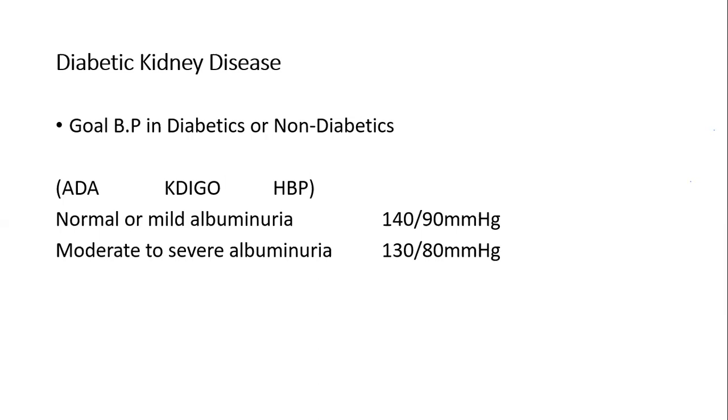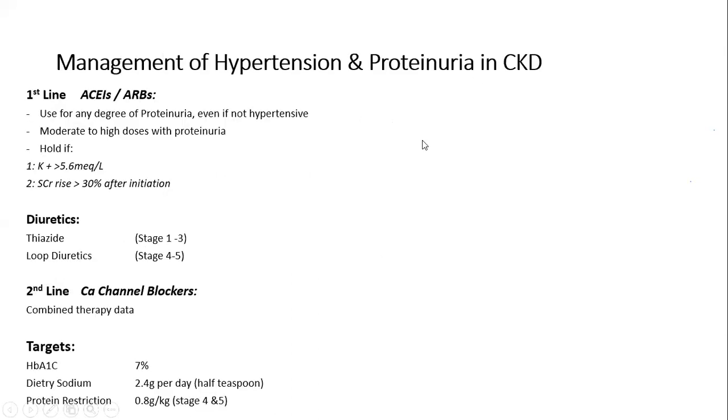So 130 by 80 is the target for a patient who's diabetic and whose albumin to creatinine ratio is more than 30. Our patient's albumin to creatinine ratio has been 400, right? I'll jump back to the case after we've done with this detail.